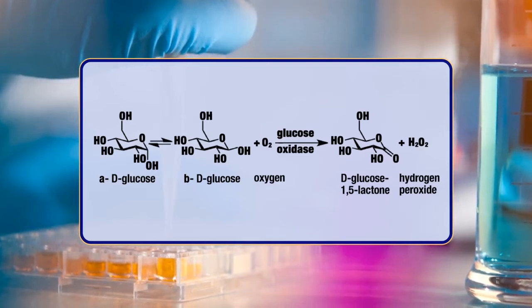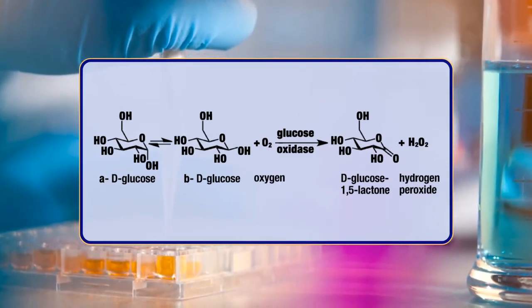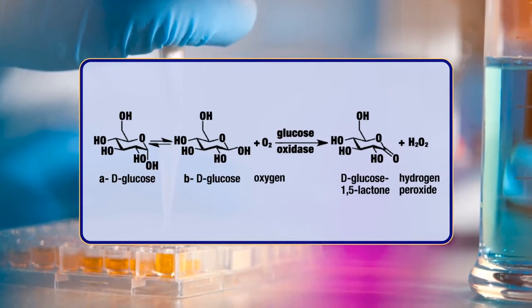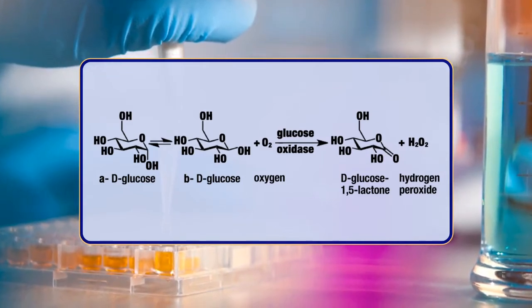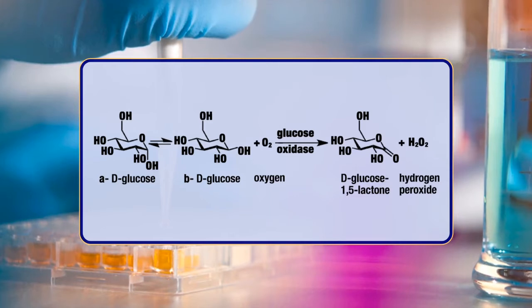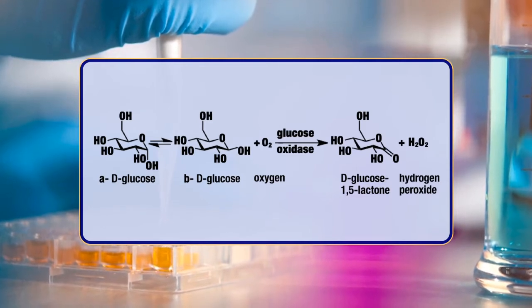In the reaction catalyzed by GOX, one molecule of glucose is converted into one each of hydrogen peroxide and D-gluconolactone. Then, the liberated hydrogen peroxide is reacted with a coloring reagent which consists of 2,2-bicinchoninic acid and trichloroacetic acid.